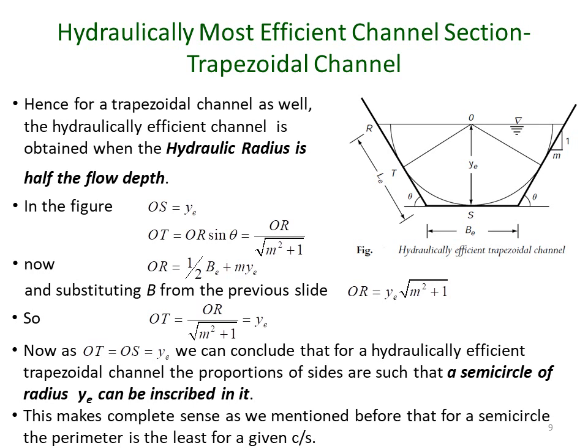That's a very important conclusion. This also makes complete sense, as we mentioned before, that the semicircle is the figure for which the perimeter becomes minimum for a given cross section. So we get that result here again.